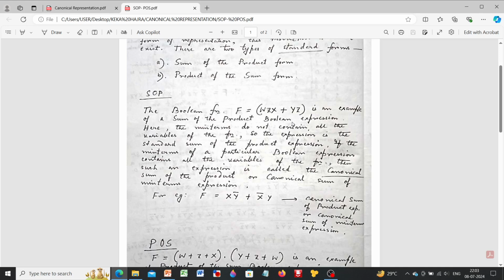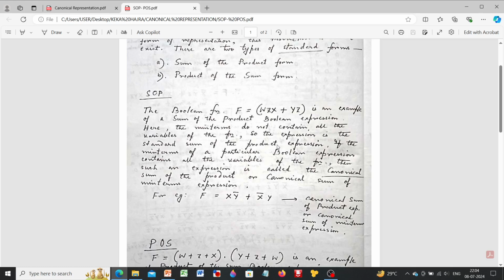So we cannot call this expression sum of minterms form or canonical SOP form, but we may call it standard form, that is SOP form, sum of product form. So this is the basic difference between standard form and canonical form.